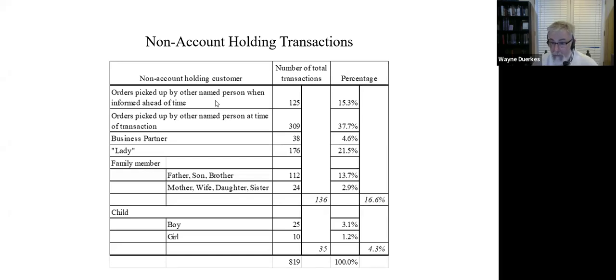Also, obviously, family members would come in. As you can see, more male family members came in than female members. And then a lot of workers were boys and girls that weren't related to the account, but just like lady, they went to the store to purchase on behalf of the account holder.